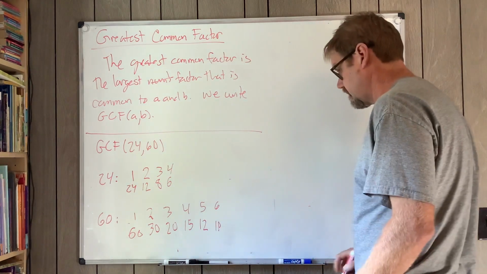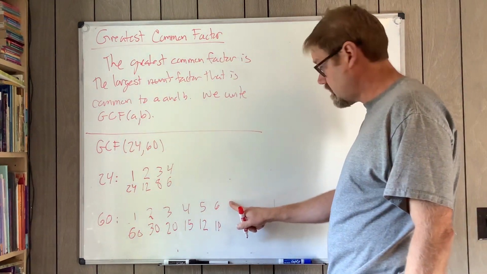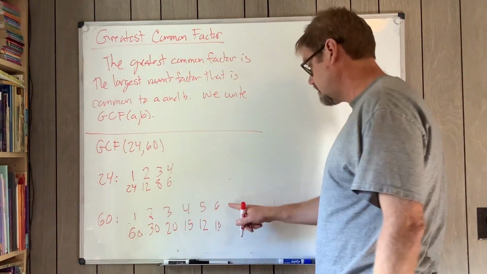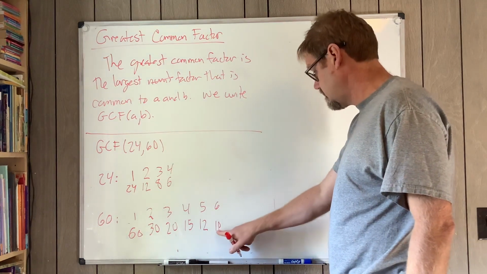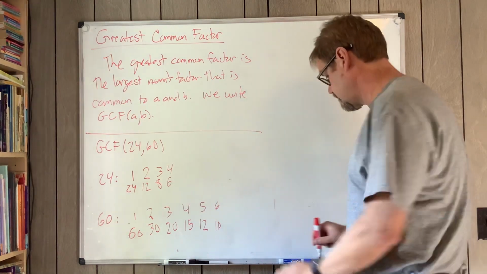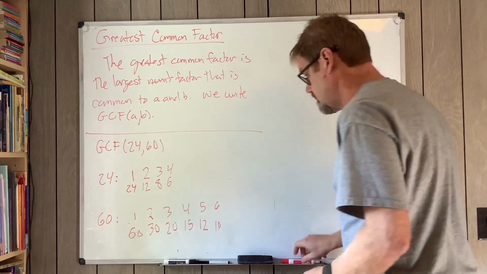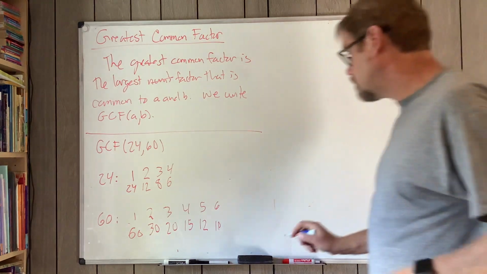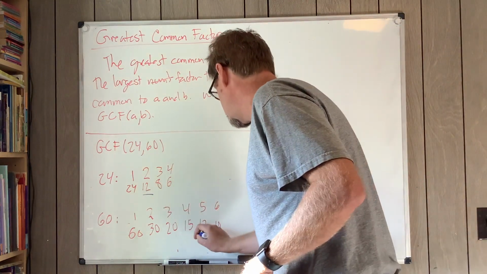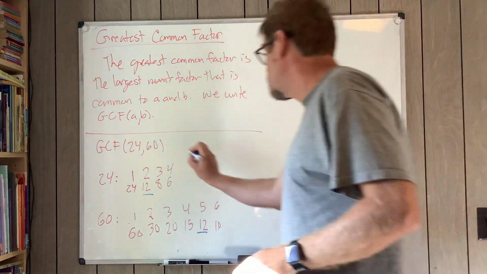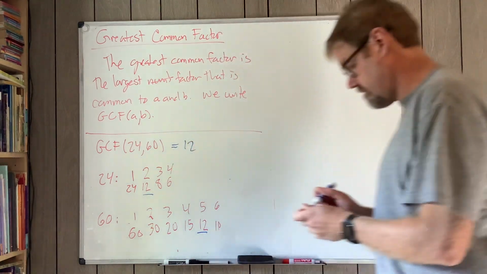Holy smokes, everything. 7 is not a factor of 60, nor is 8, nor is 9. So those are all the factors of both. Okay, and we just look, and the answer for this is 12.